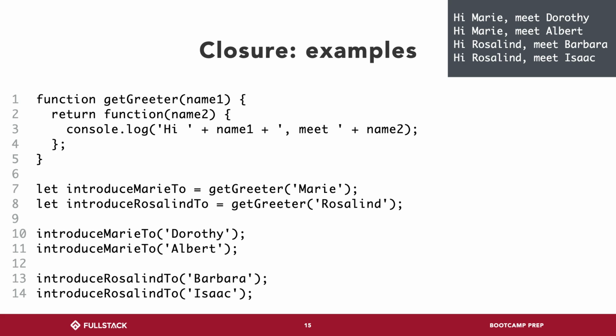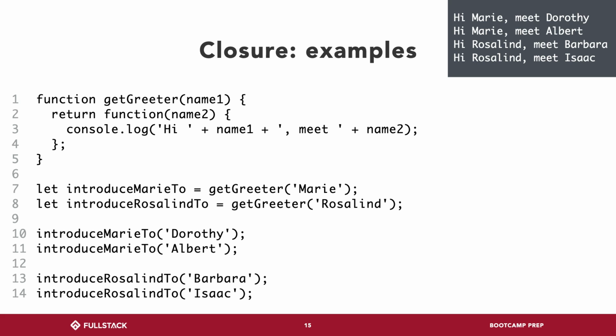That's defining the function. If this wasn't inside getGreeter, like if getGreeter didn't have a name, I don't think you could do that, because you're not saying, hey, this is a variable getGreeter, it's equal to the function.